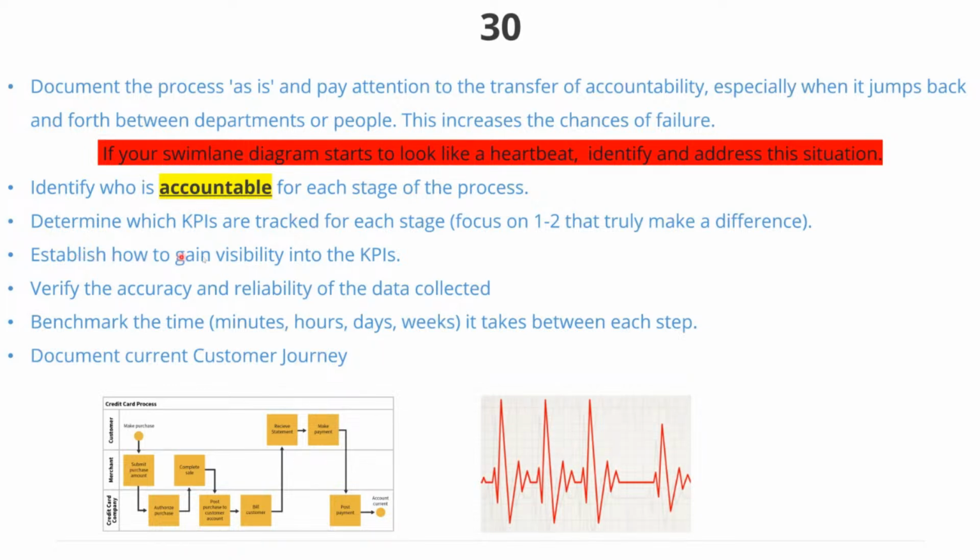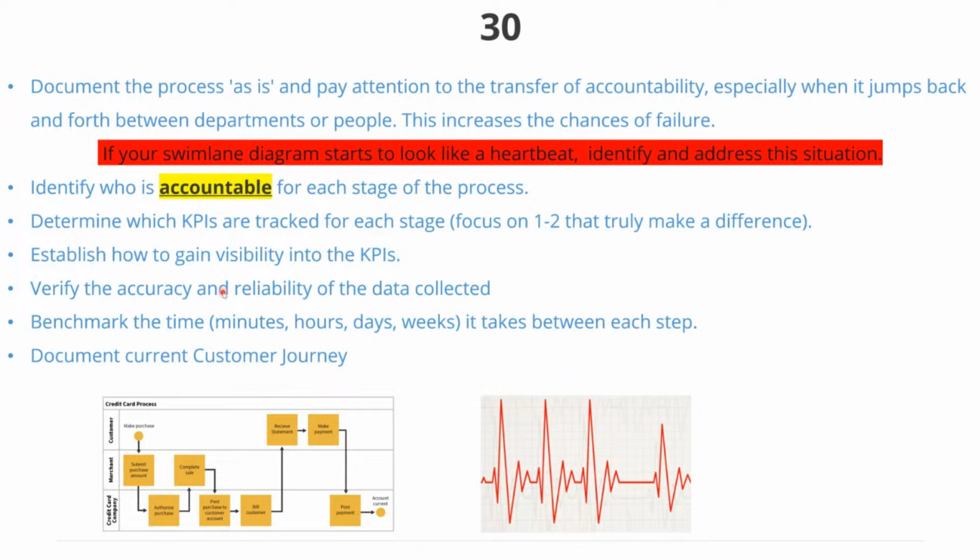Then establish how to gain visibility to the KPIs. What I mean by this is, even if a person is tracking a KPI, so you found the accountable person and the KPIs, how do you see them? Is it an Excel file? Is it a Google Doc? What's the story? And verify the accuracy.